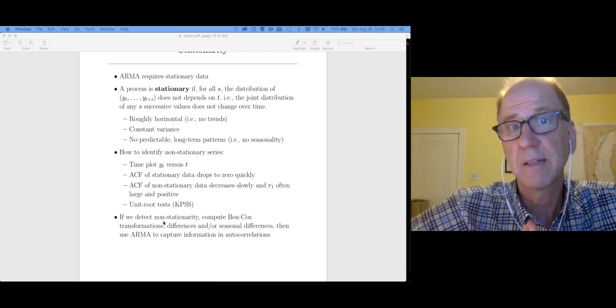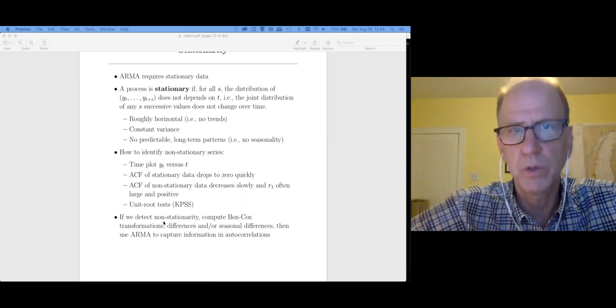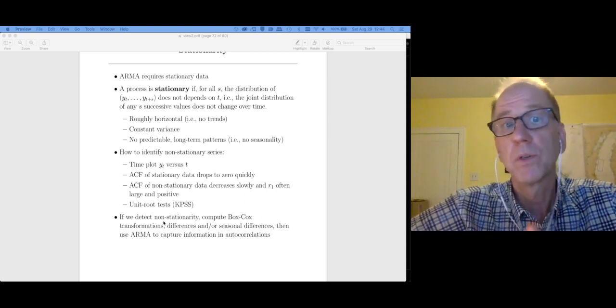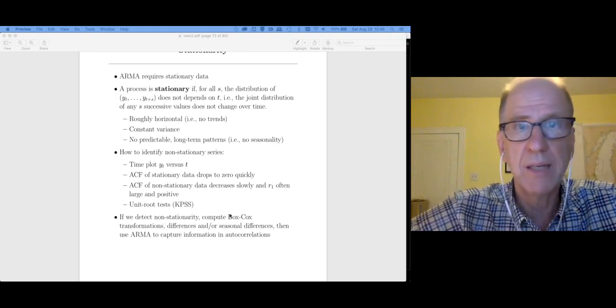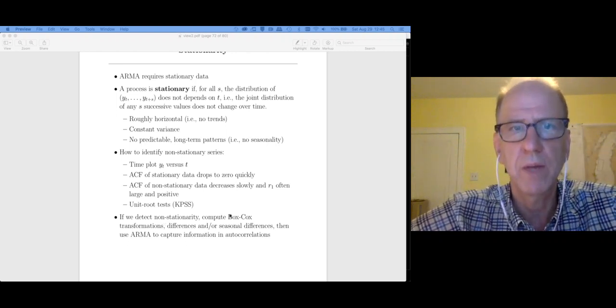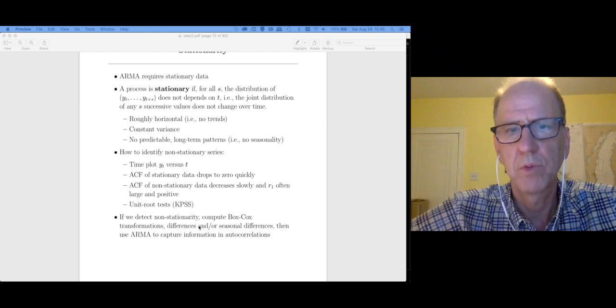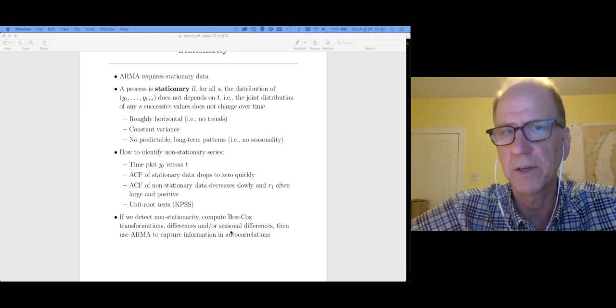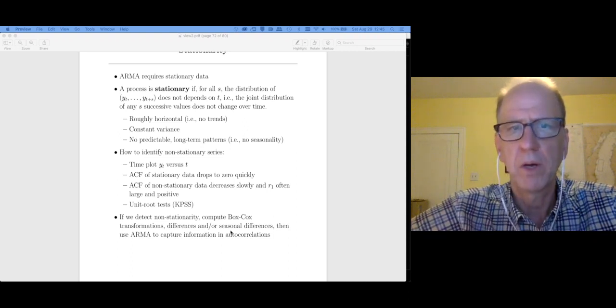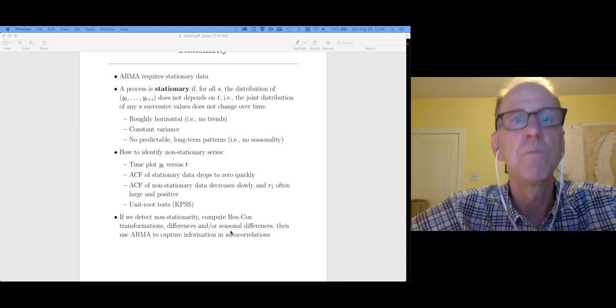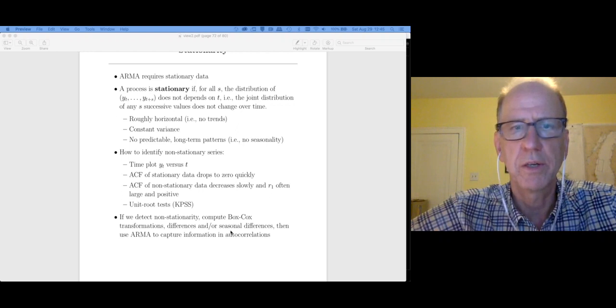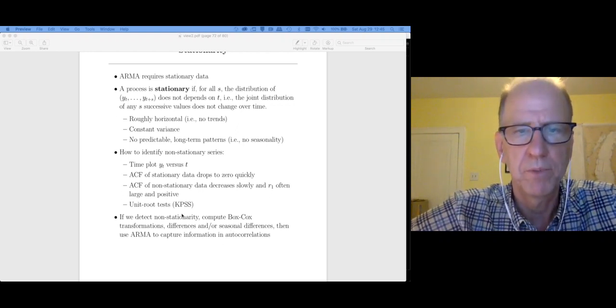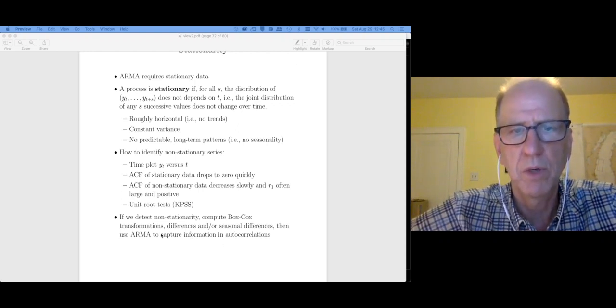If we detect non-stationarity, what do we do? We use Box-Cox to avoid non-constant variance, and then we do various differences to address trends and seasonality. Finally, once we've removed the non-stationarity, we go to ARIMA. So that's a summary of where we're going.